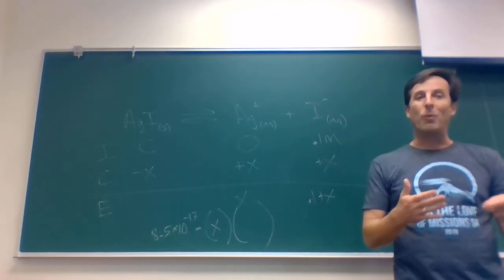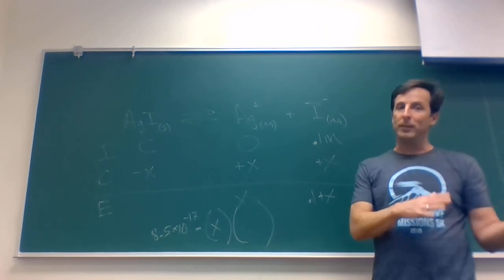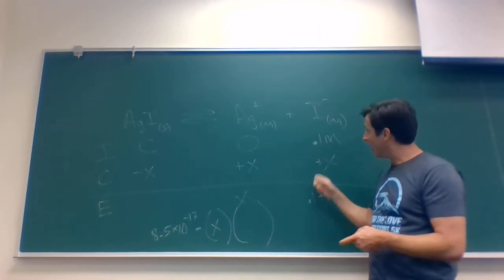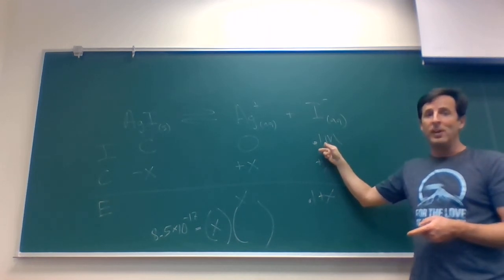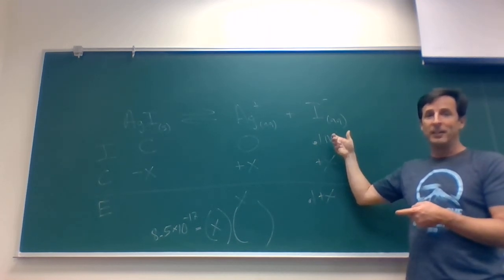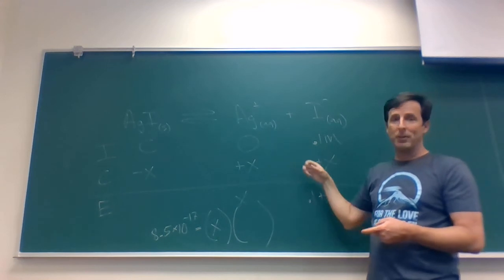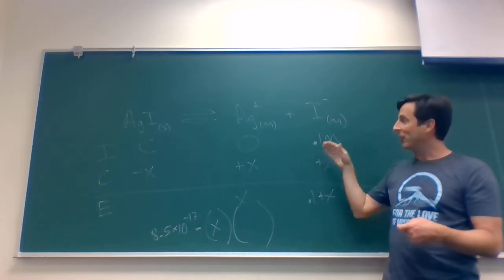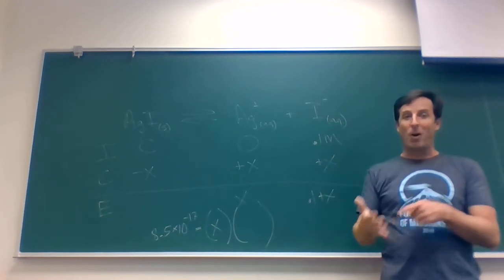It's another place where I want to simplify if I can. I don't really want to do a quadratic because that takes a lot of time. The amount of iodide I start with, 0.1 molar, is a fairly high concentration. The amount of this compound that's going to dissolve would normally be small, and with the common ion effect, it's going to be even smaller.